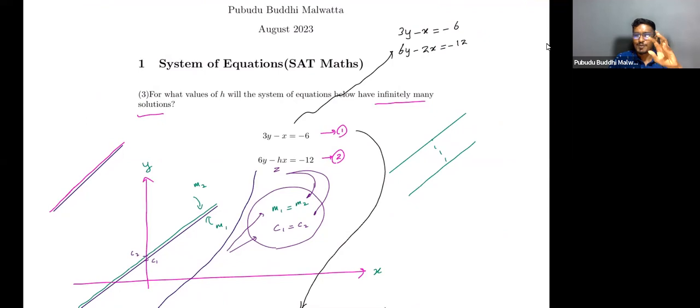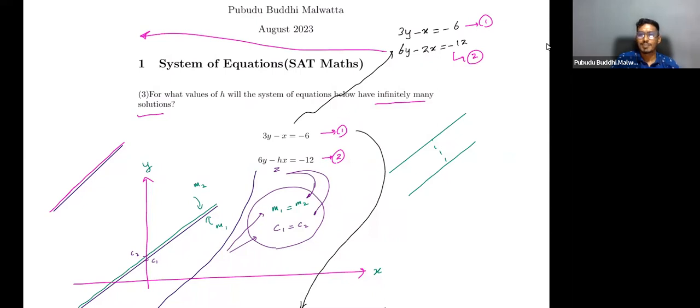Now, if you observe carefully, I think you can understand. Can you see that? If I divide this second equation, the entire equation, by 2, I'll get the first equation. I can divide both sides of an equation by any number, not by 0.